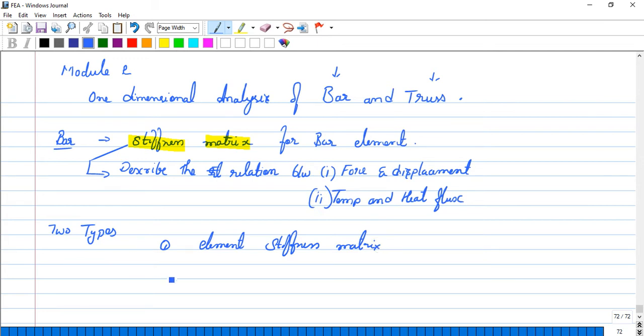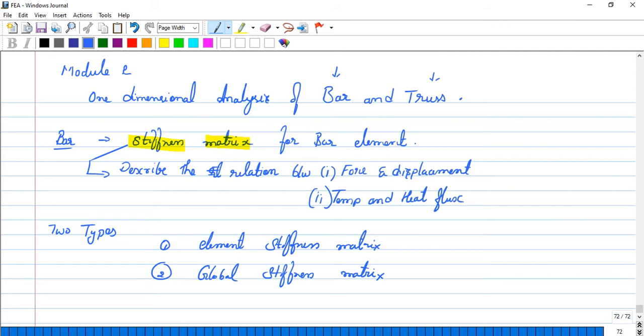Element stiffness matrix. The element stiffness matrix represents an individual element in a structure, system or continuum. Also we can represent it in terms of the global stiffness matrix. So what is this global stiffness matrix?